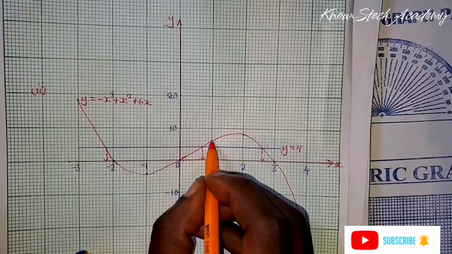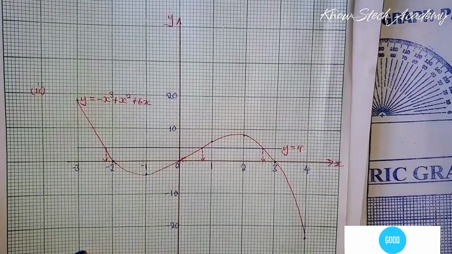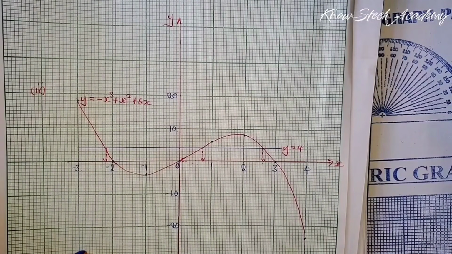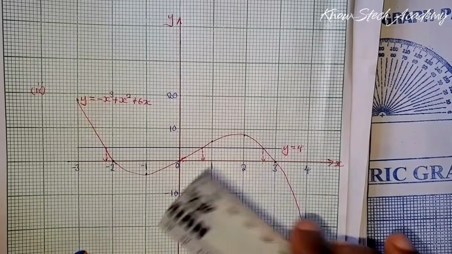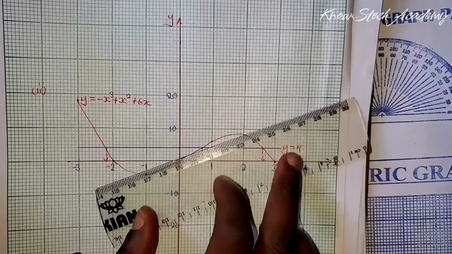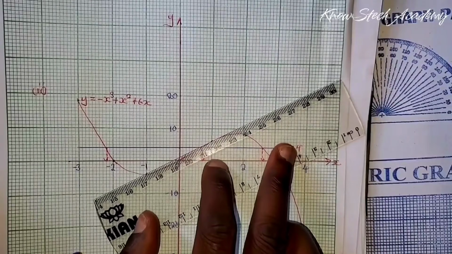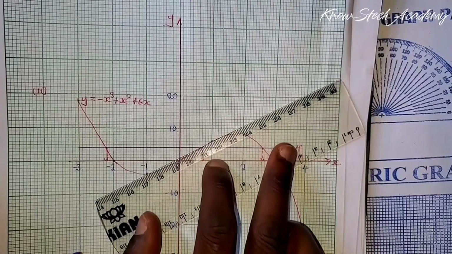So we're going to draw a tangent line, like this, where x equals 1. So touching just this single point.